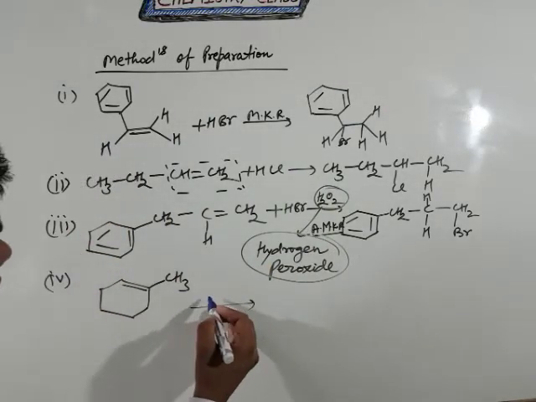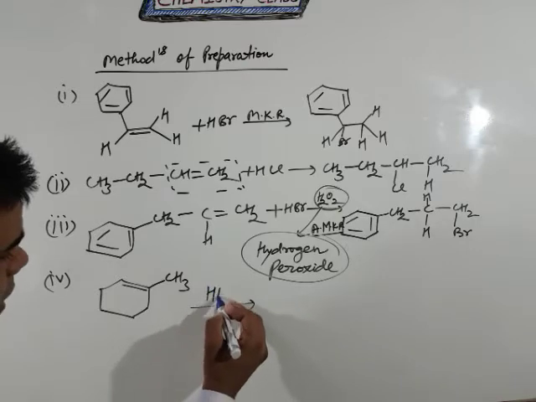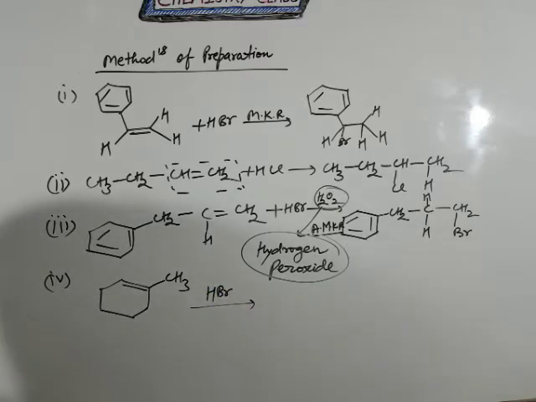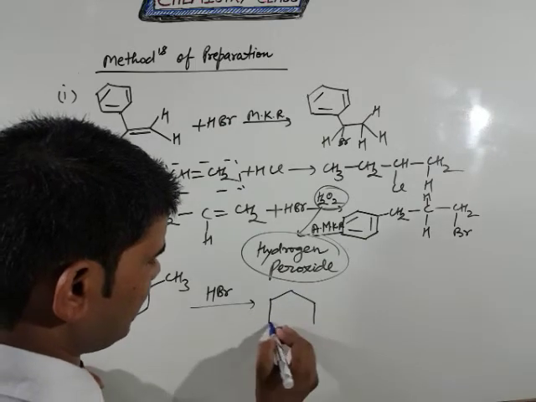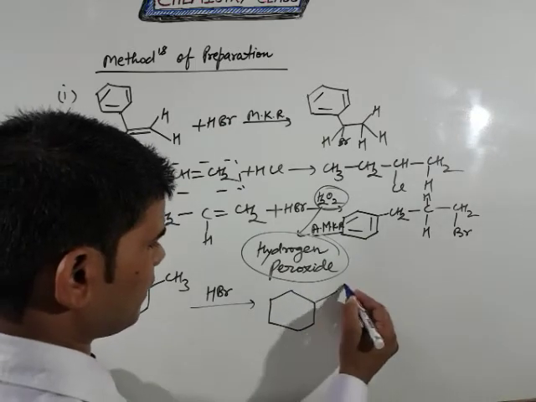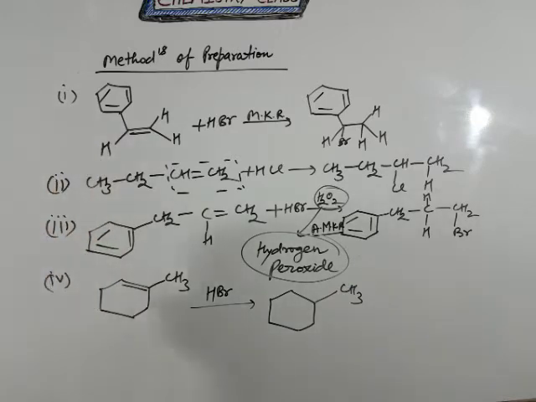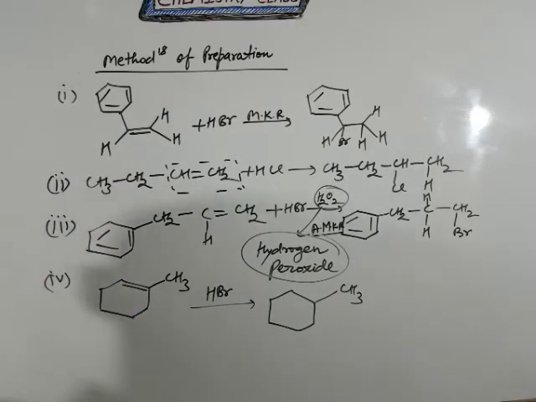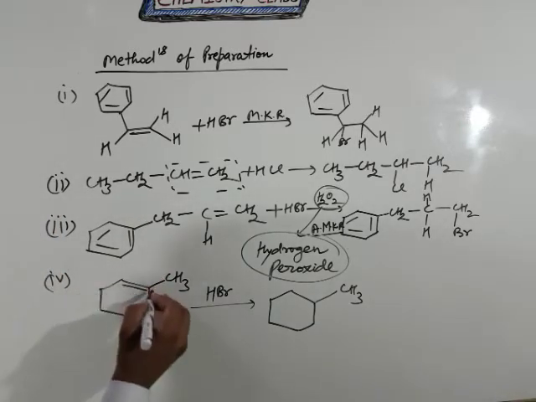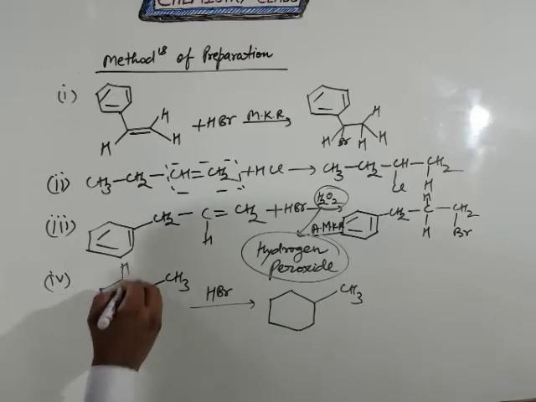Students, if you follow the Markovnikov rule in this product, what is the final product? Tell me. Here first the double bond converts into a single bond, and if we write the open structure of this molecule, in this corner no hydrogen is there, but in this corner hydrogen is there.